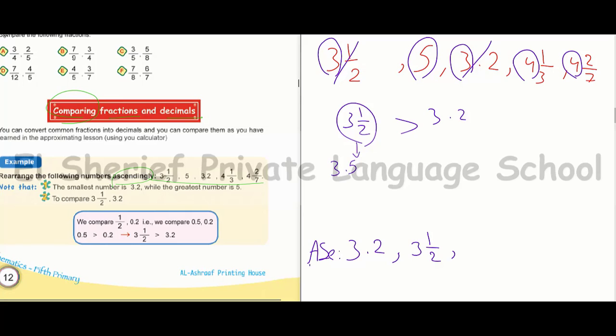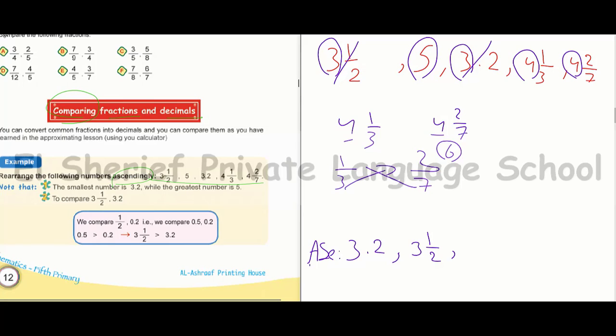Now we compare 4 and a third and 4 and 2 over 7. The 4 is the same, so we compare a third and 2 over 7. We can make a cross: 3 multiply 2 equals 6, and 7 multiply 1 equals 7.